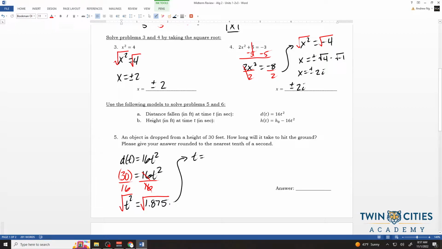So I'm going to reject the negative answer and just take my positive answer. When I take the square root of 1.875, I get 1.369. Now, it does say here that I don't want this as my answer. I want to round to the nearest tenth of a second. So t is going to be equal to, 1.36 is going to round up to 4, so 1.4 seconds.